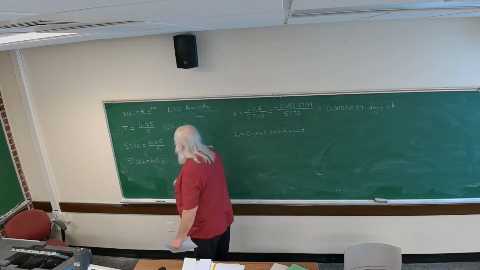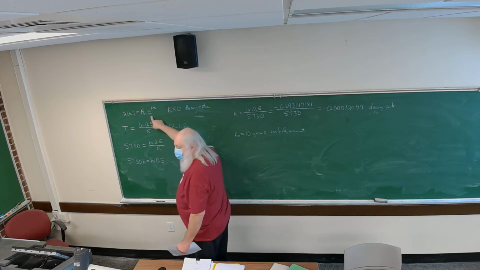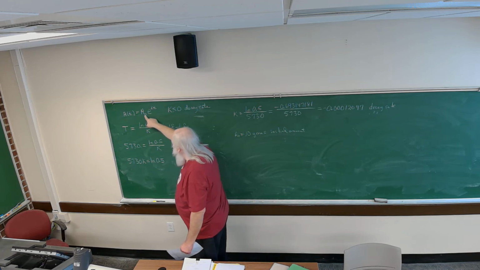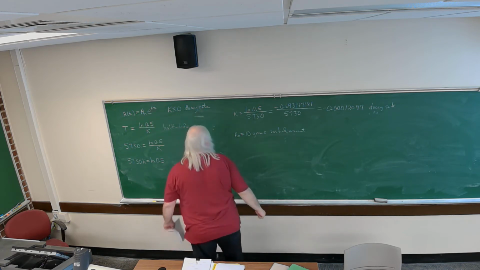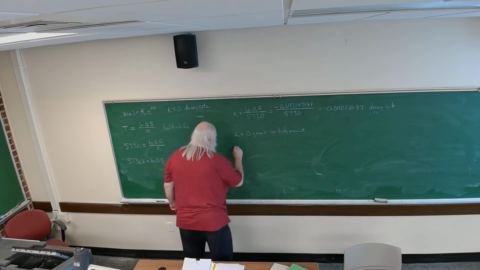So plugging in to our exponential decay model, we plug in 10 for a sub 0, and this long decimal for K. And we have our exponential decay model for this problem.